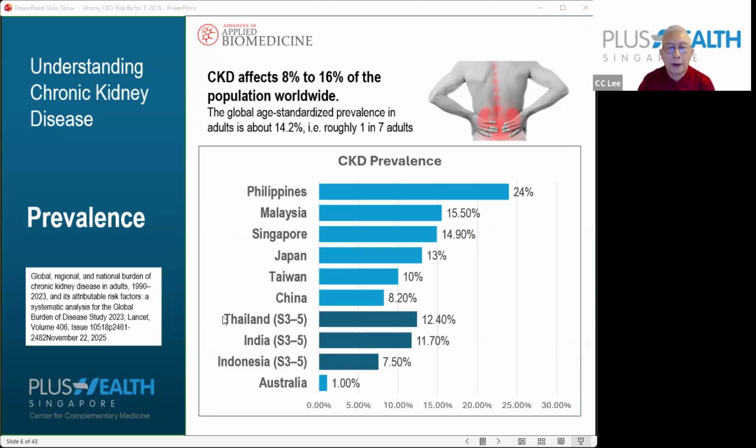They are only referring to CKD stage 3 to 5, which means that in all consideration, Thailand, India, and Indonesia actually have a higher CKD prevalence rate than even the Philippines, Malaysia, and Singapore.